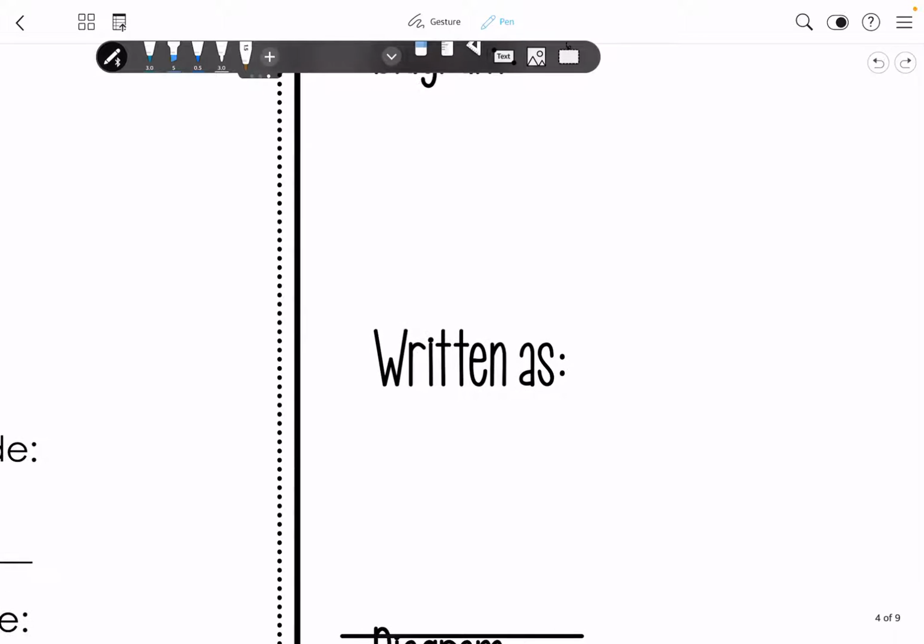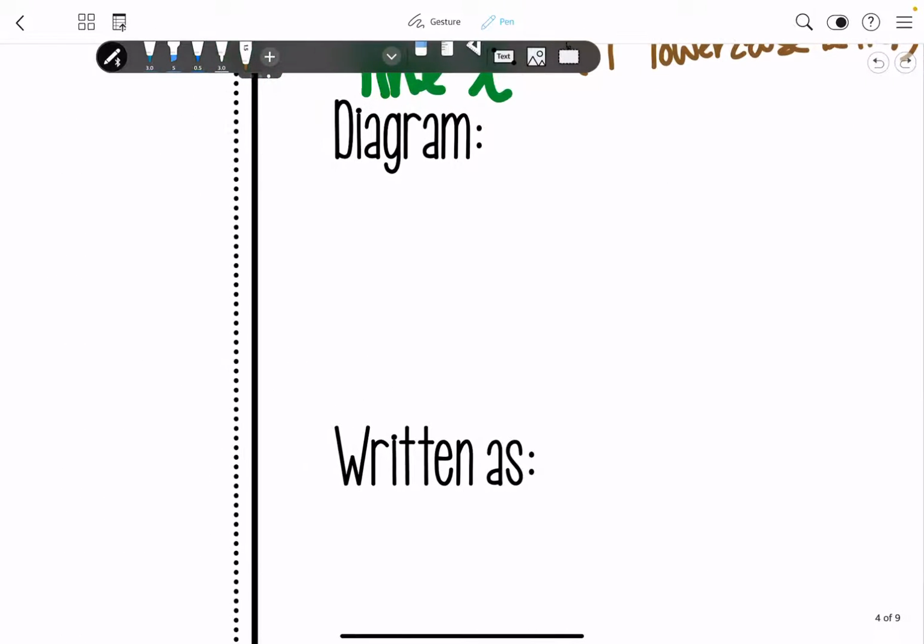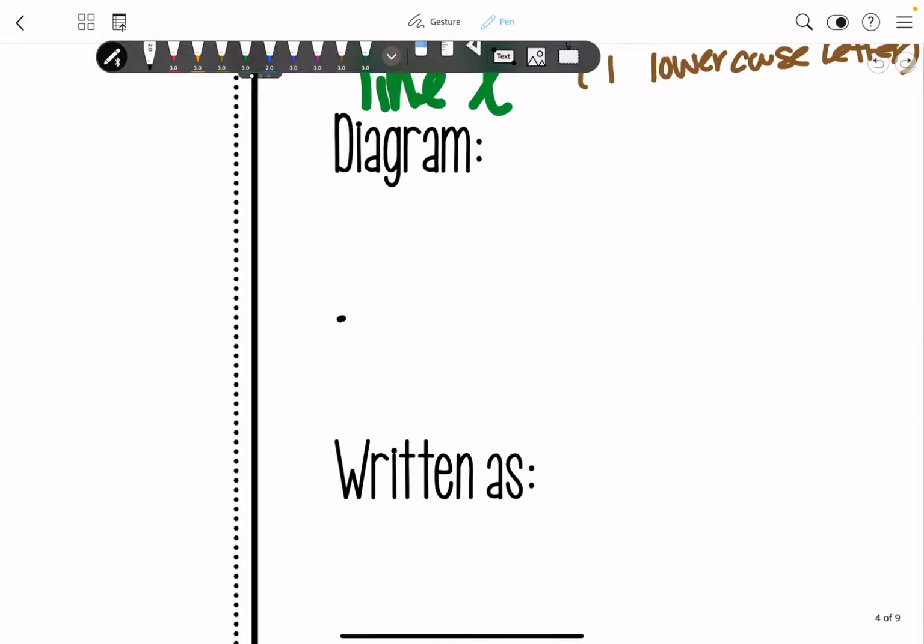Okay, the way that you write a segment is going to be very similar and almost exactly like a line, except it doesn't have a lowercase letter. So, say we've got this right here.